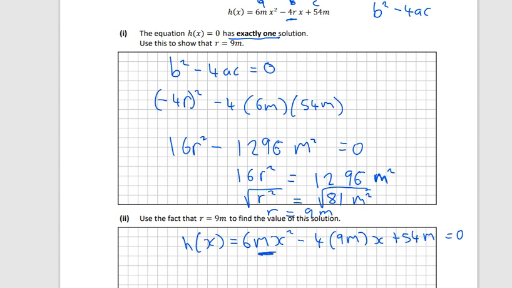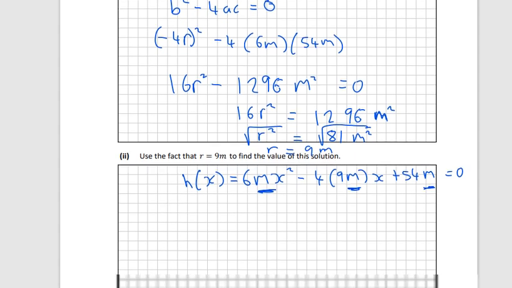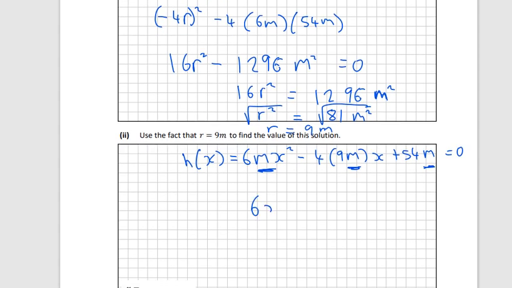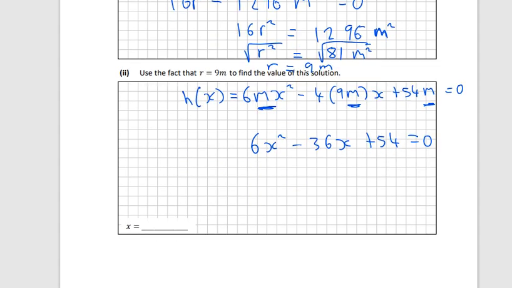Therefore, there's just one m in each of them. So if I divide everything by m, because it's equal to 0, we're just going to get 6x squared minus 36x plus 54 equal to 0. And then it's just the minus b formula.